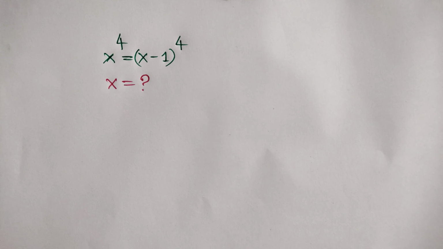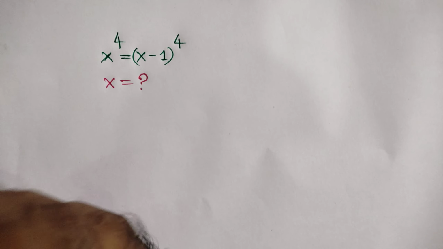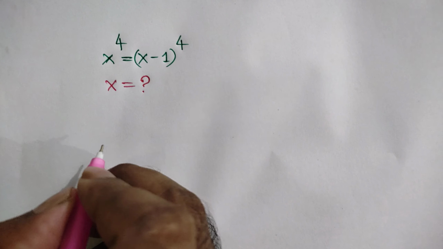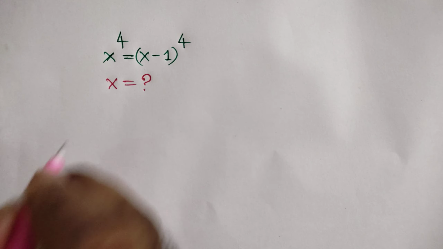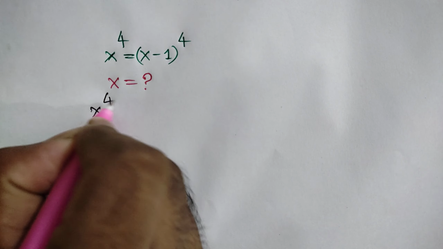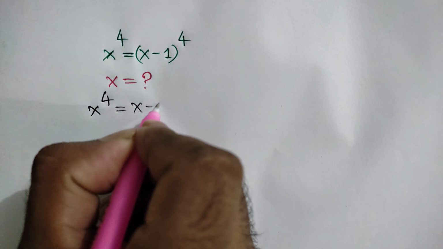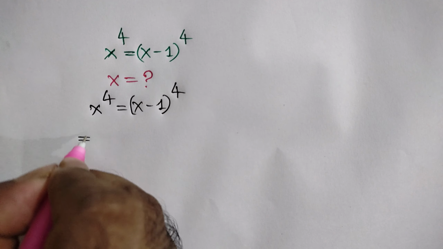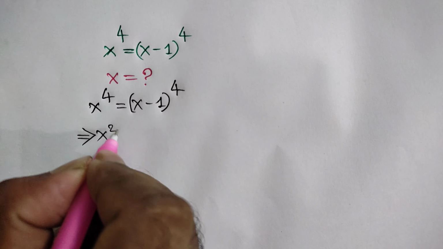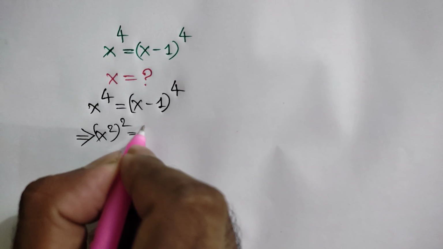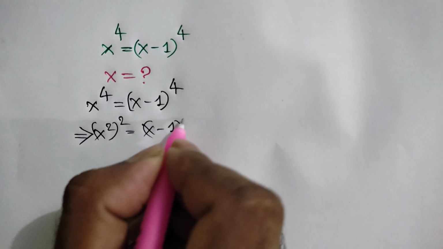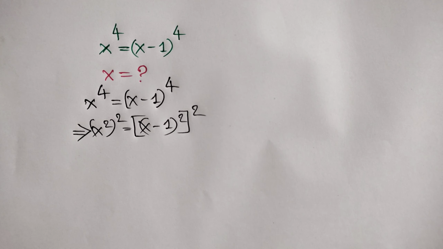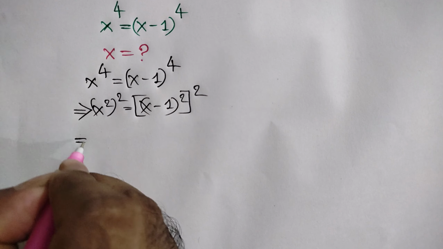In this video I am going to show how to find the value of x where x to the power 4 is equal to (x minus 1) to the power 4. The question has given x^4 = (x − 1)^4, or we can write (x²)² = ((x − 1)²)².